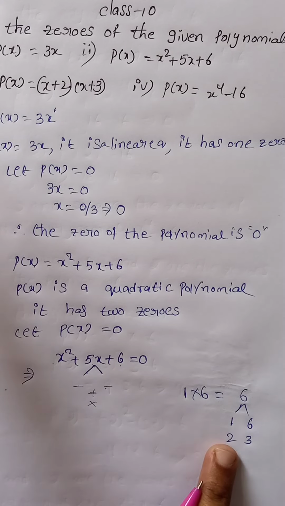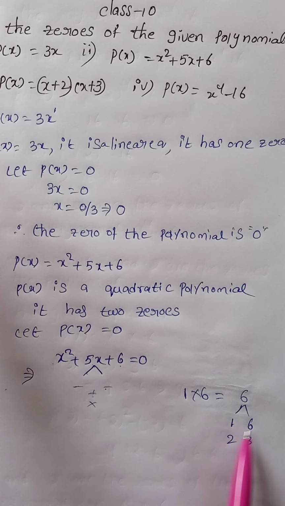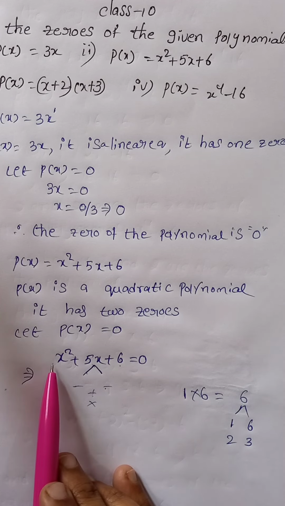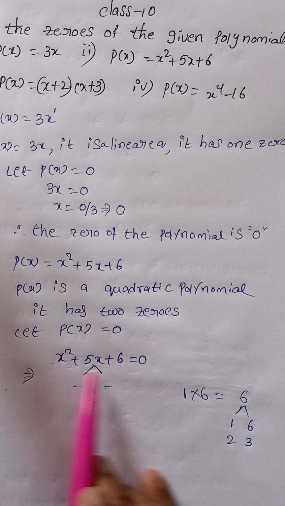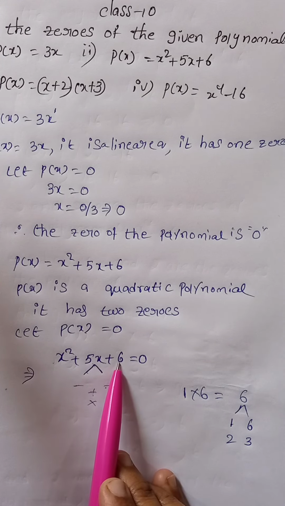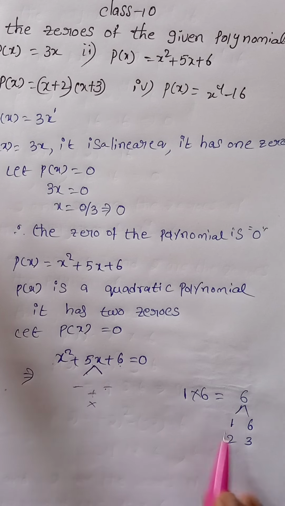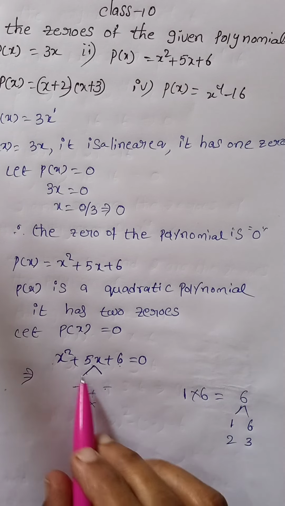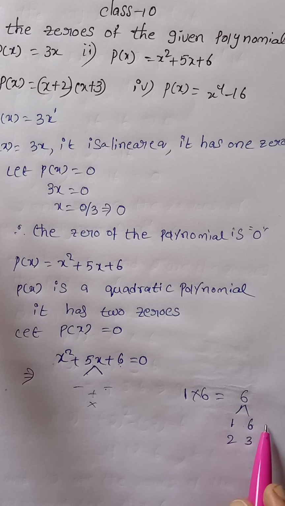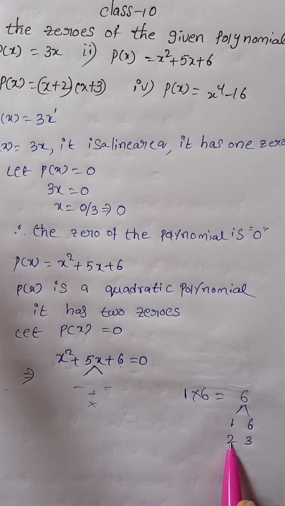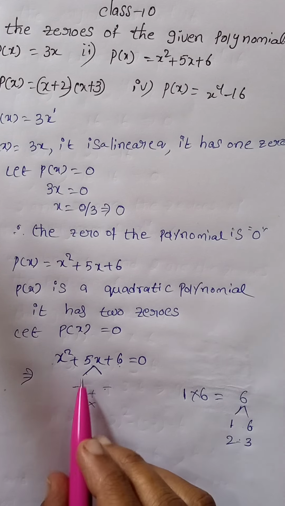So what I said, if you multiply these two numbers, you have to get the multiplication of the coefficient of x square and this constant value. And if you add these two terms, you have to get 5. Suppose if you add 1 and 6, will you get 5? No, 1 plus 6 equal to 7, not 5. If you add 2 and 3, you get 5.